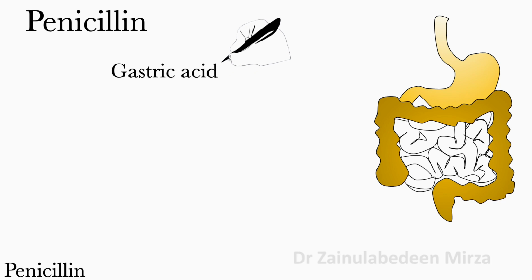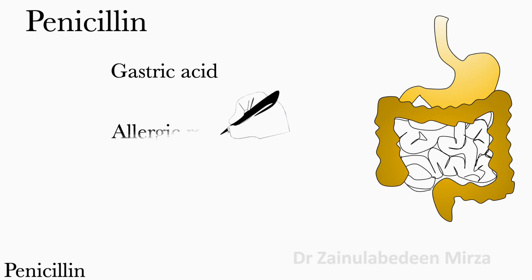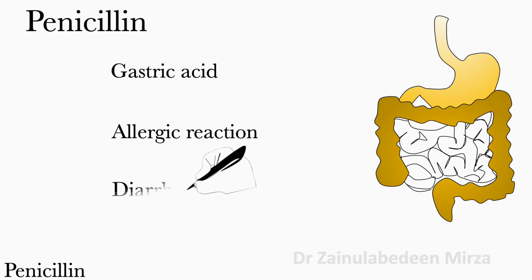Gastric acid can easily destroy benzylpenicillin. Penicillin is hazardous with allergic reactions such as itching, rash, fever, and angioedema. Diarrhea is one of the adverse effects of penicillin due to change in normal intestinal flora, and this may progress to Clostridium difficile associated diarrhea.